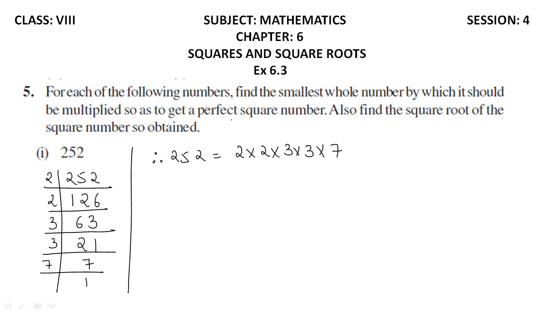Now for making a perfect square, we have to make the pairs. And we can see here there is only one 7. We want one more 7 to make 252 a perfect square.